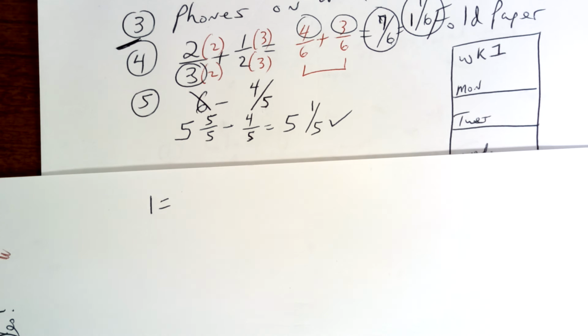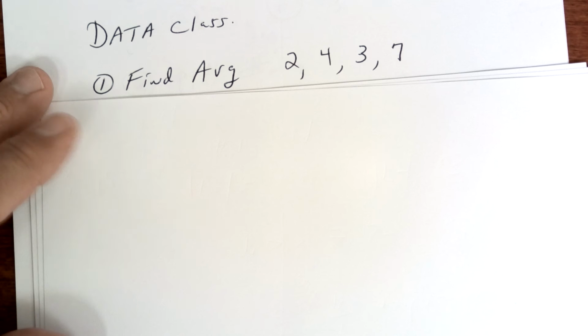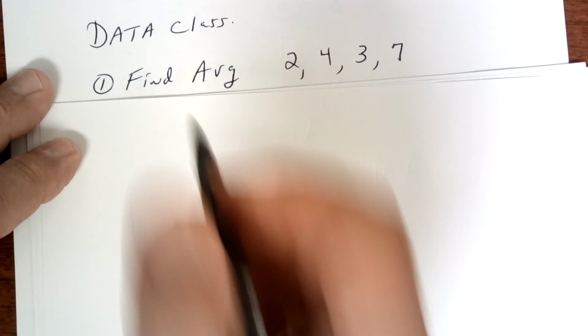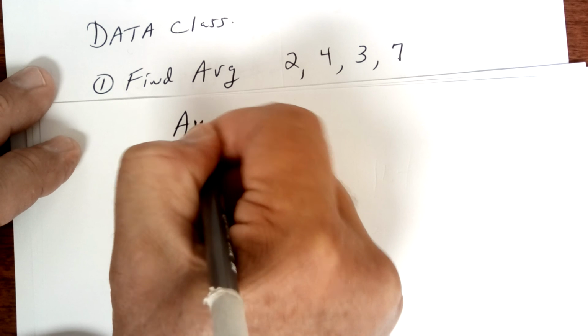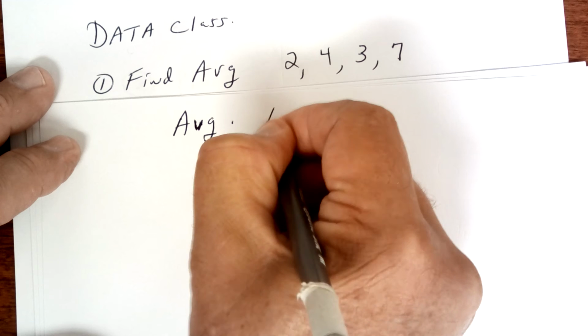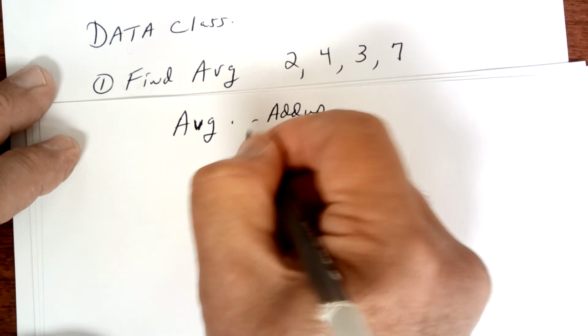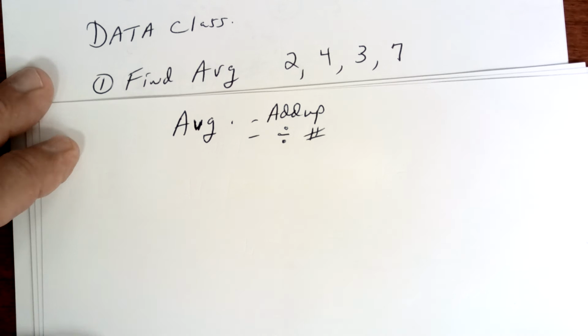Let's talk about today's work. Put away your bell work. Copy this one down. We're going to actually work in the books or those little packets they gave us. Find the average. To find the average, you add them up. So put average, and you may already know this. You're going to add them up, and then you're going to divide by the number of numbers you have.